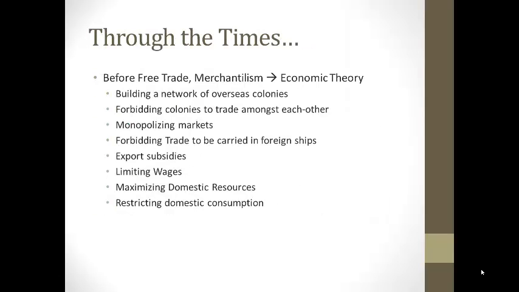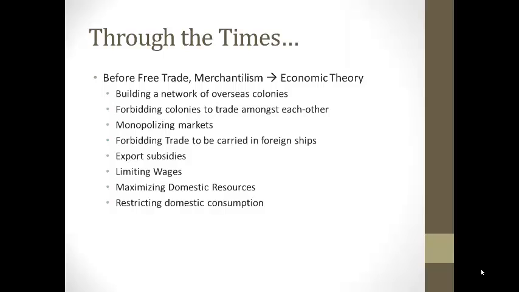Now, throughout the times before free trade came about, the U.S. was mainly focused on the idea of mercantilism, which was the economic theory during the 16th and 18th century, which promoted government regulation of the economy.